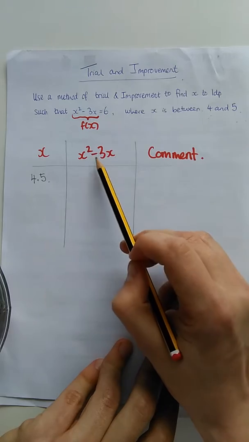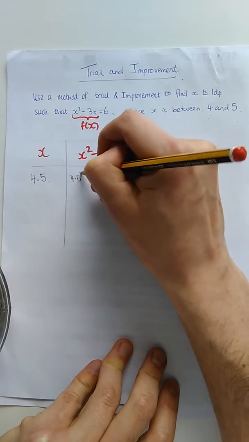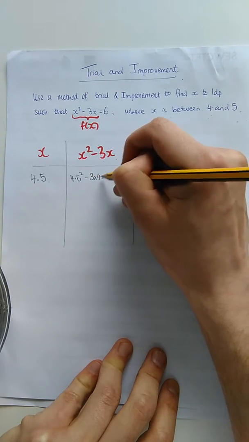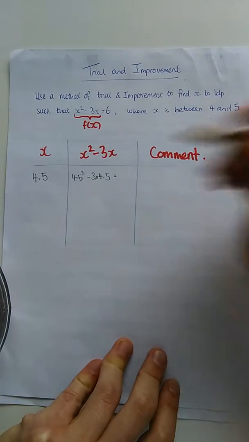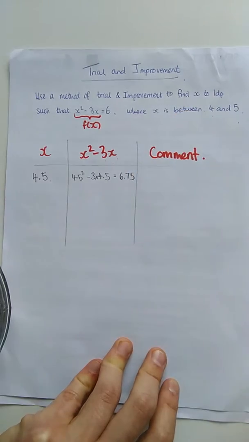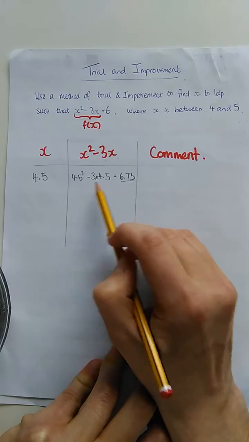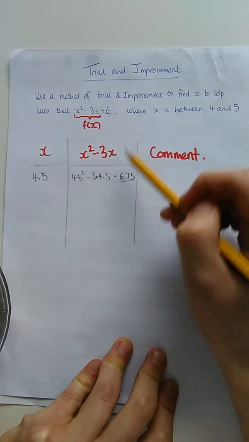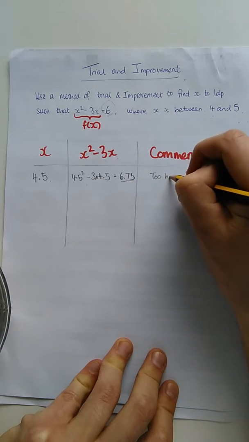So x squared minus 3x becomes 4.5 squared, take away 3 times 4.5, which gives me an answer, typing that in my calculator, of 6.75. Okay, so 6.75 is the answer that 4.5 into the function would give me. I'm after 6. So my comment is that this number is too high.